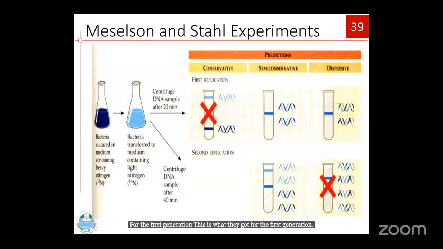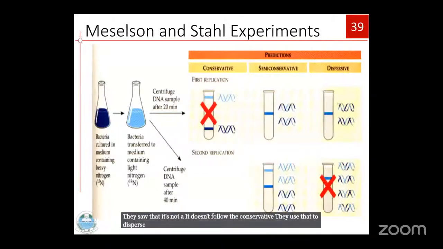They saw that it doesn't follow the conservative model. At first generation, they saw that there were two sets of bacteria, one with the heavy nitrogen, the other with the light nitrogen, as depicted here. So they erased that model.